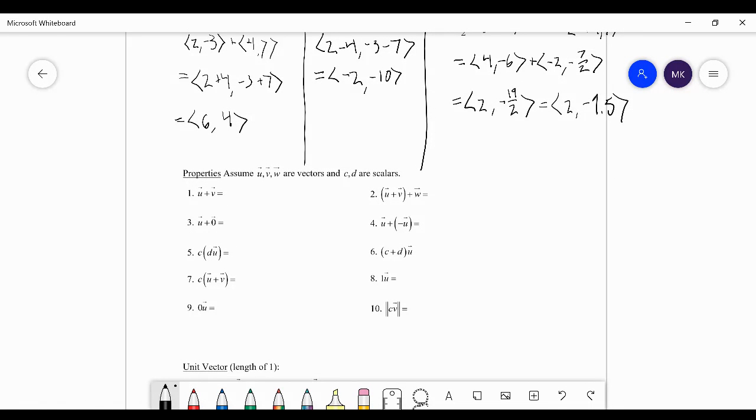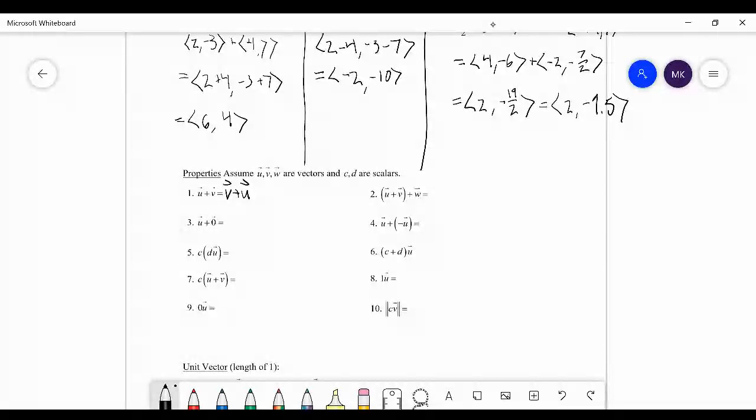Now here I'm going to go through some properties. We are assuming that u, v, and w are all vectors, and c and d are scalars, so they're just some numbers. Some nice properties we get: vector u plus vector v is equal to vector v plus vector u.